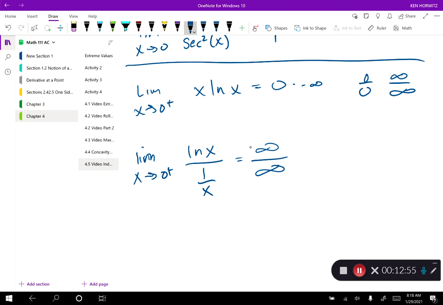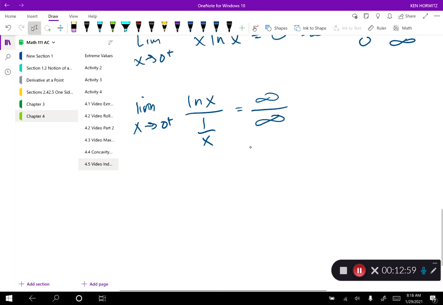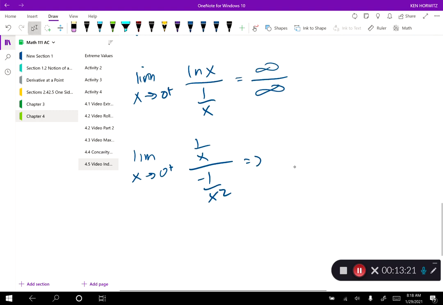So now we need to do our derivative. So now we're going to use L'Hopital's rule. So the limit as x approaches 0 plus, the derivative of ln x is 1 over x. The derivative of 1 over x is negative 1 over x squared. And now I'm going to do a little algebra to help me out with this. So I'm just going to simplify a little bit.